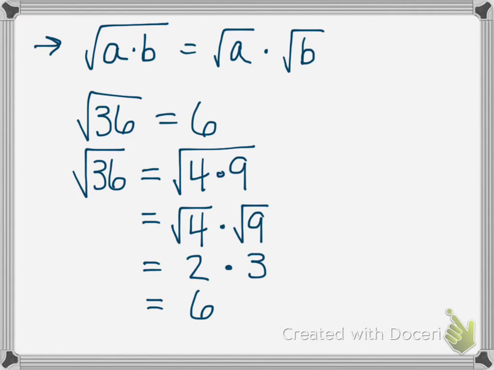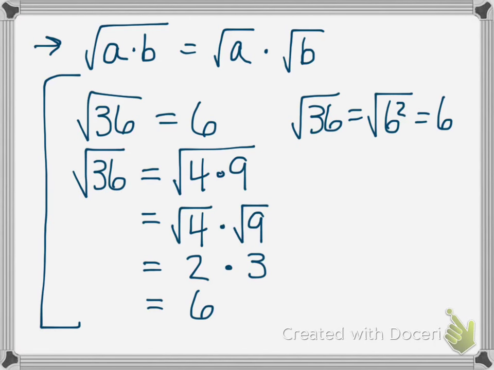I thought of the square root of 36 as the square root of 6 squared, which is equal to 6, or I can think of it as 4 times 9 and do it another way. So that's just an additional example of the fact that this rule up here at the top of the screen works, that it is true.